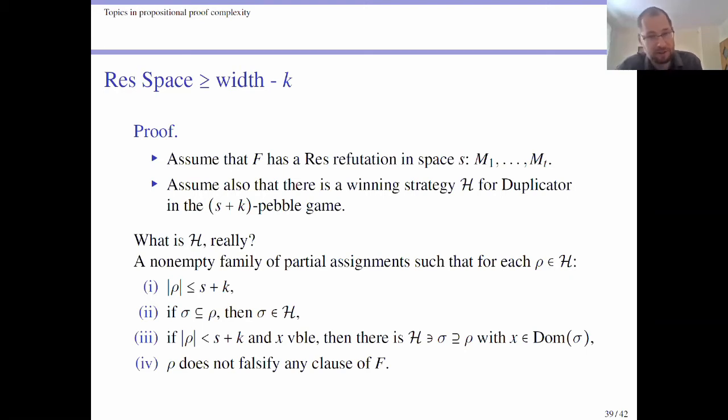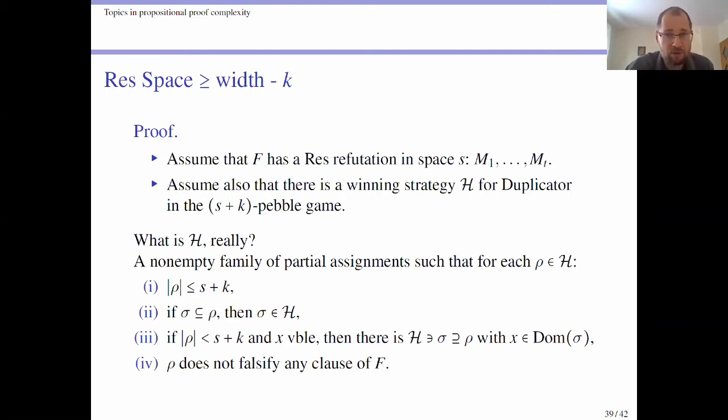So whenever you have an assignment that's not of maximal size within the family, you can always extend it by adding a variable to the domain and stay within the family. And finally, prover wins if the assignment presented by duplicator falsifies a clause of F. So maybe we would have started with this: no assignment in the family falsifies anything in F. So that's what a duplicator strategy is, or that's one way of thinking about it.